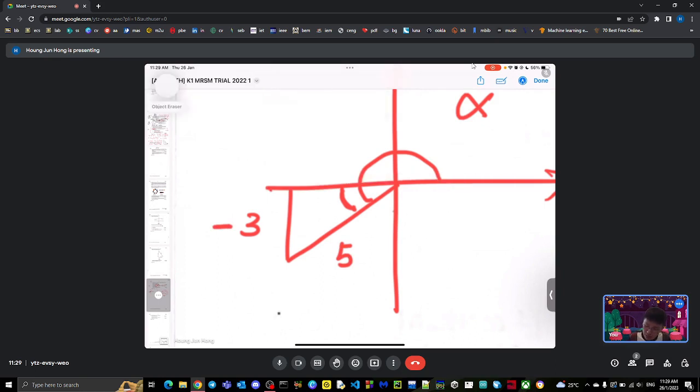So this line corresponds to negative 3. And 5 is definitely positive, because 5 is the magnitude of the entire line and shouldn't be negative. So when you divide opposite by hypotenuse, you get negative 3 over 5, which is negative.